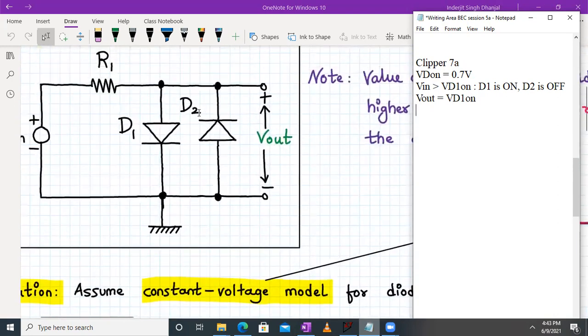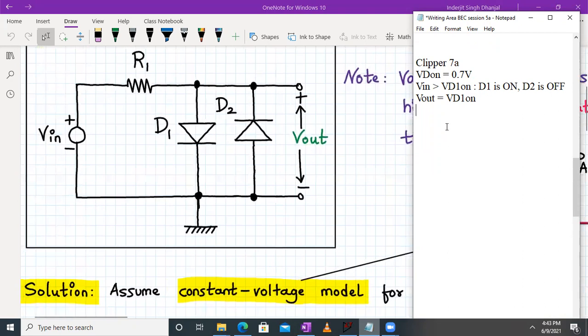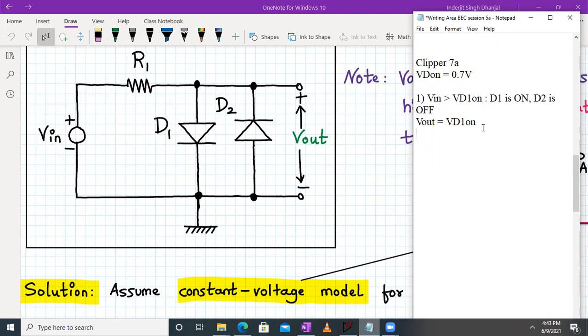Now let's concentrate on when diode D2 will be on. This was the first condition. Now let us analyze when diode D2 will be on. D2 will be on whenever Vin is negative. We have seen that before: whenever Vin is less than minus VD on, the turn on voltage of that diode, then the diode becomes on.